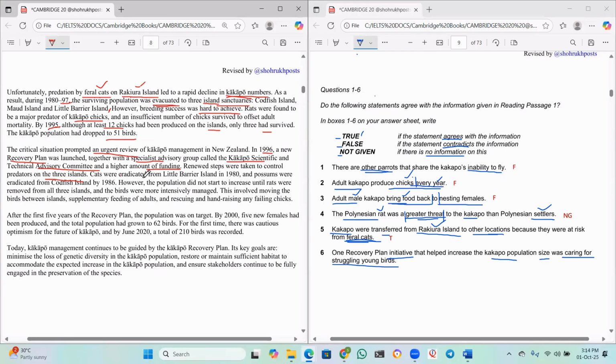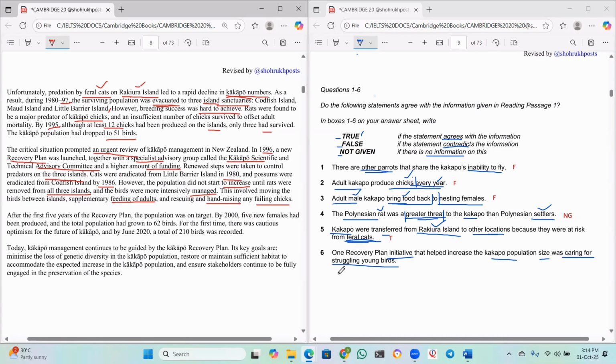Cats were eradicated from Little Barrier Island in 1980 and possums were eradicated from Codfish by 1986. However, the population did not start to increase until rats were removed from all three islands and the birds were more intensively managed. This involved moving the birds between islands, supplementary feeding of adults, and rescuing and hand raising any failing chicks. Okay, I think we got the keyword here.